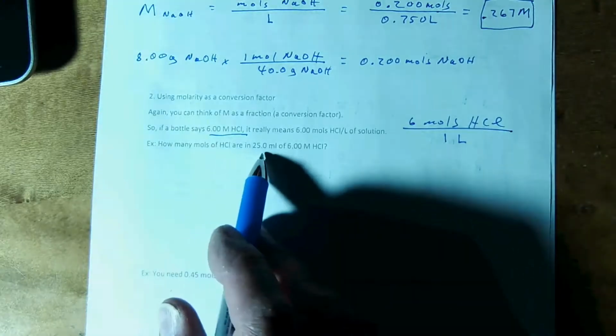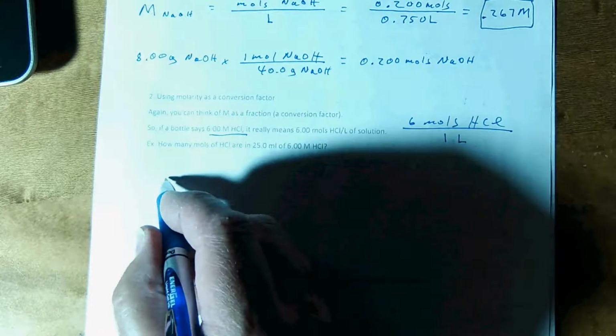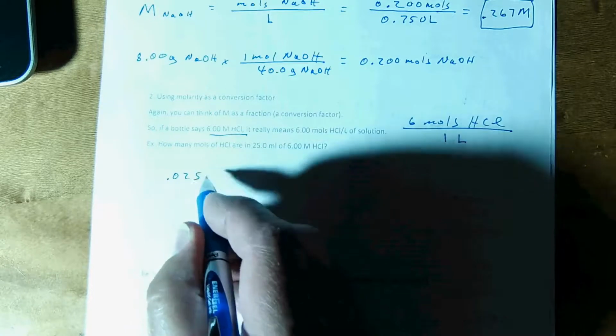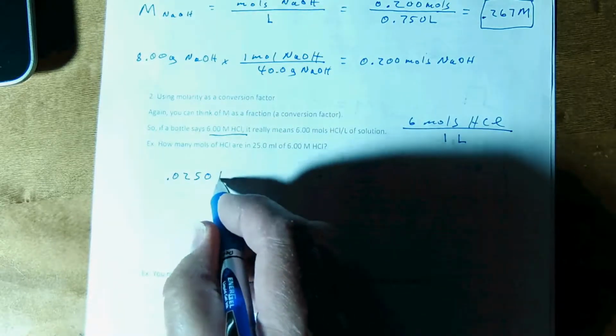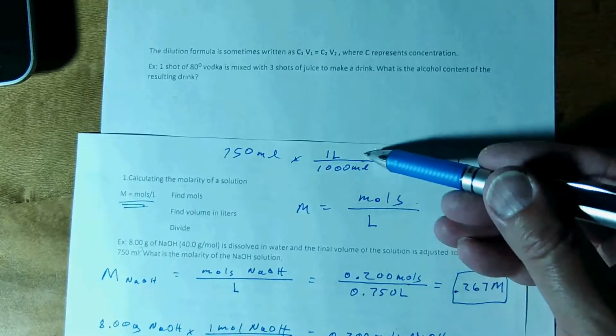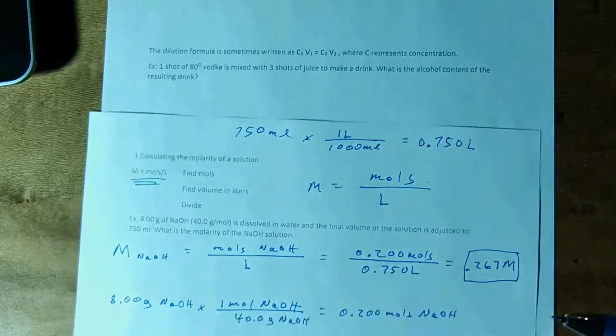How many moles are in 25 milliliters of it? Well, 25 milliliters, if we change that into liters, would be 0.0250 liters. And again, all I'm doing there is using this as my conversion factor, but I'm kind of doing that one in my head.